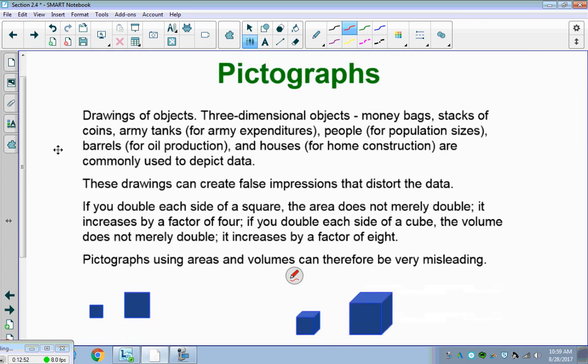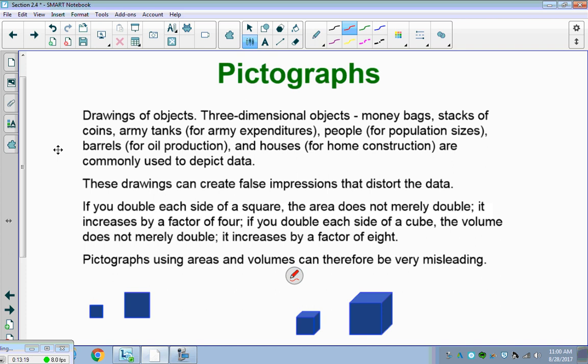Pictographs. This is one you'll see a lot. I've seen it with stacks of bills showing you money and funds, and with, oh gosh, so many different things, blocks of gold, all kinds of stuff.